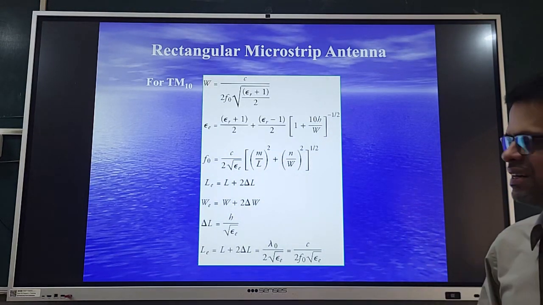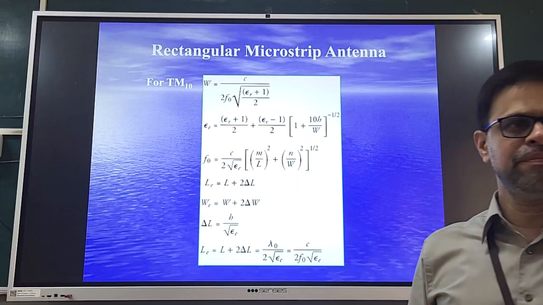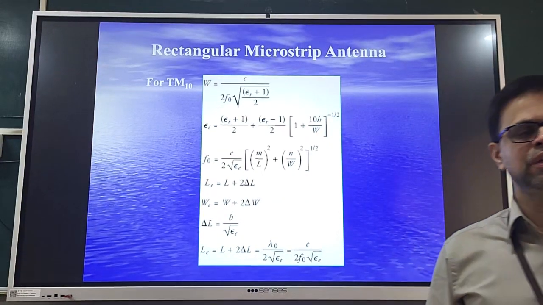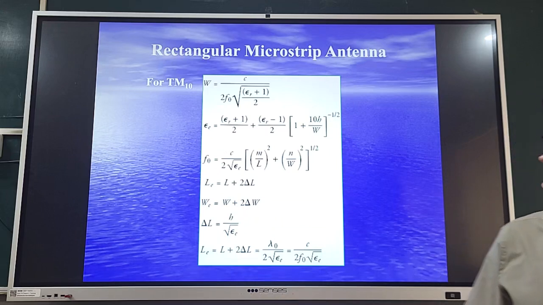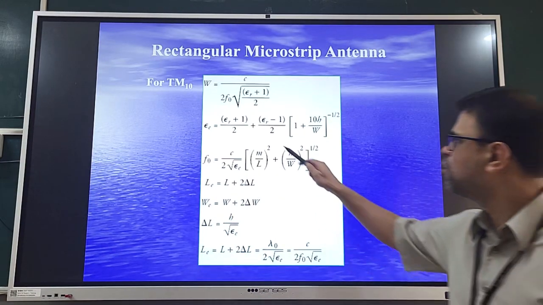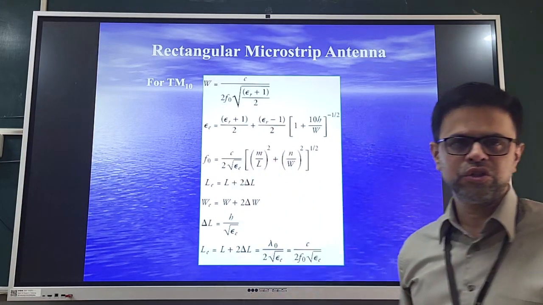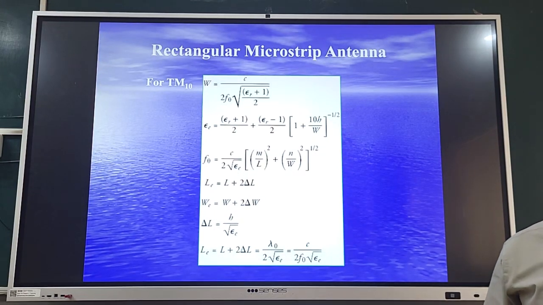Considering the units taken appropriately, and this equation, the first step, with respect to our discussion related to the 50% fringing field, is to calculate the width of the patch for a given frequency. Width is calculated, then the next step is to calculate the effective dielectric constant. Why are we doing that? Because the initial assumption was 50%.